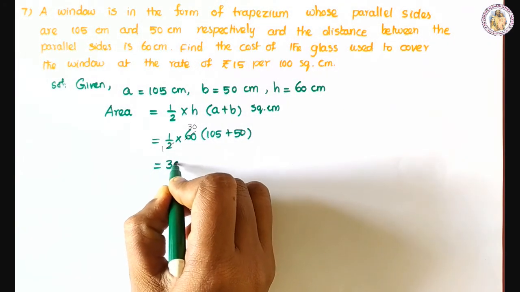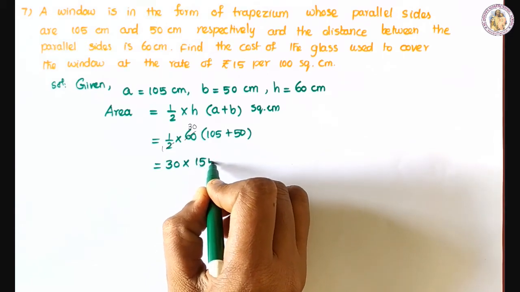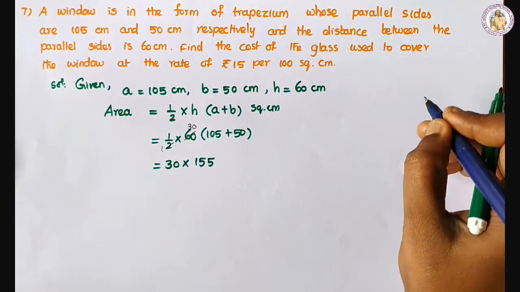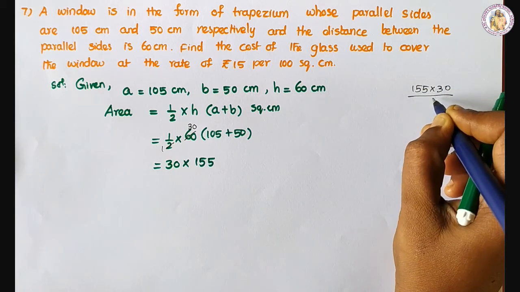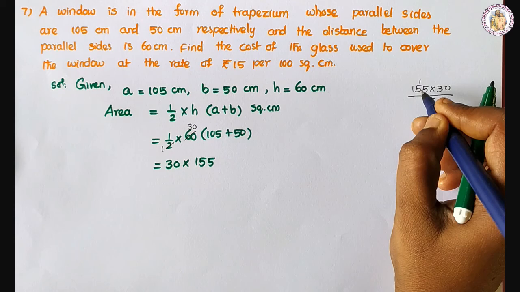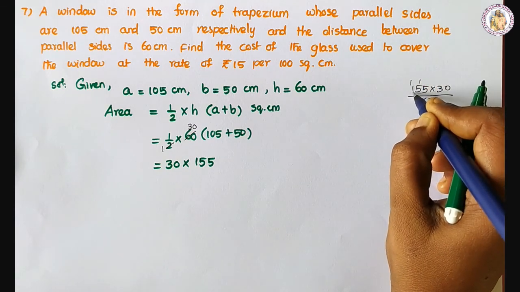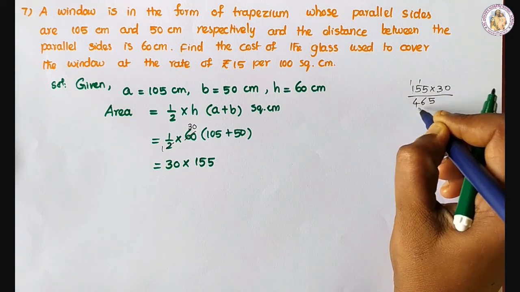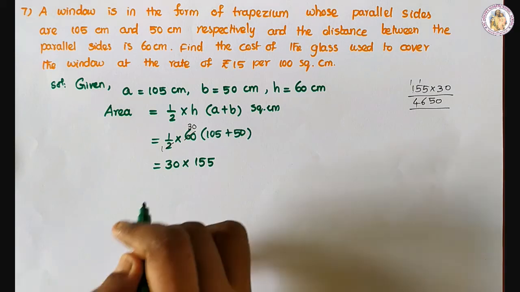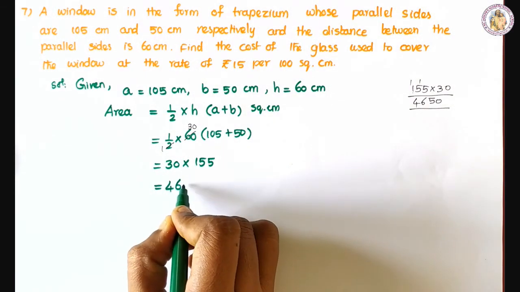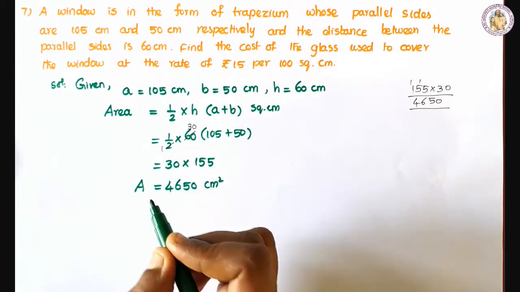So 30 into 105 plus 50, that is 155. So 155 into 30, 4650 square centimeter, that is area.